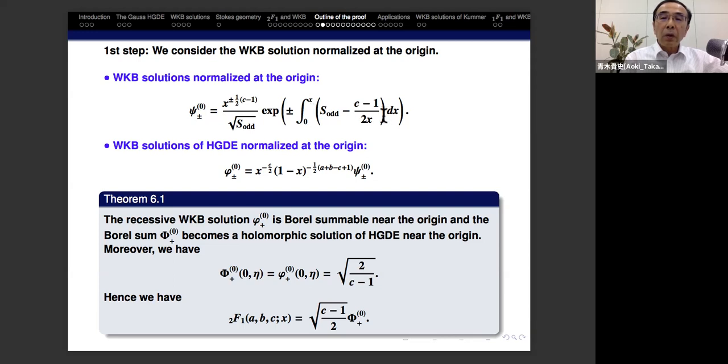Of course, this is formal, a formal power series, so this means term by term integration. And instead of excluding this term, we multiply the power function x to the power plus minus half of c minus 1.